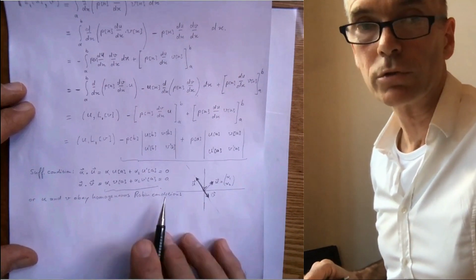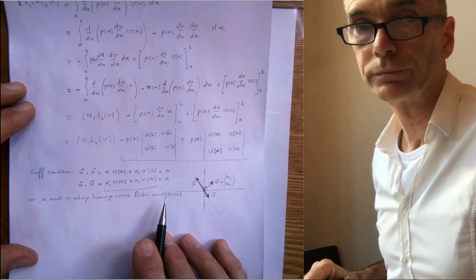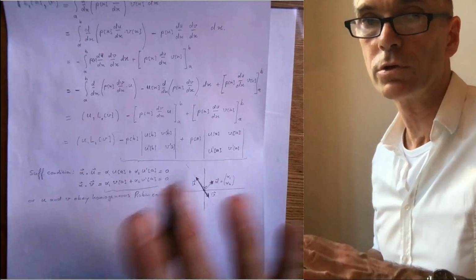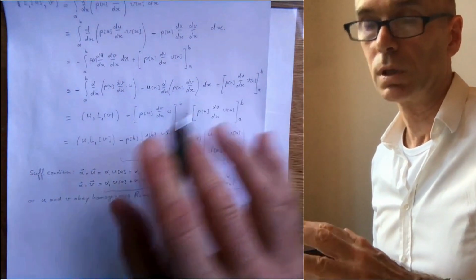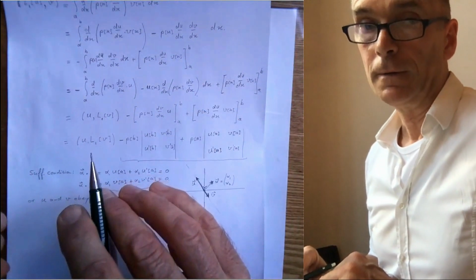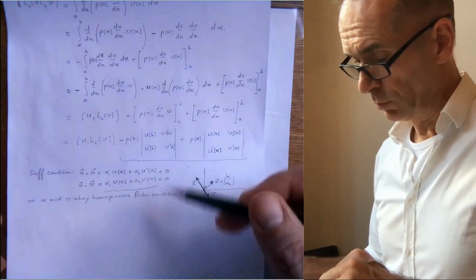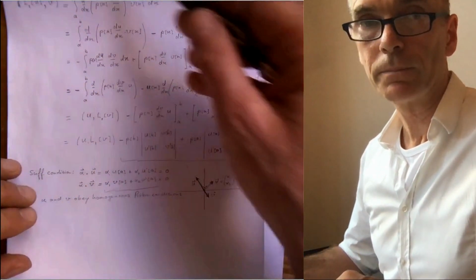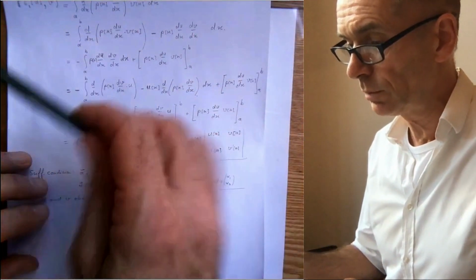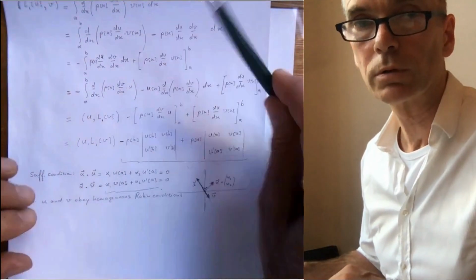homogeneous Robin conditions. So if the requirement is that all the functions that you will work with, the space that is spanned by all the functions that obey homogeneous Robin conditions, and you work with such an operator, then it is self-adjoint with respect to such an inner product.